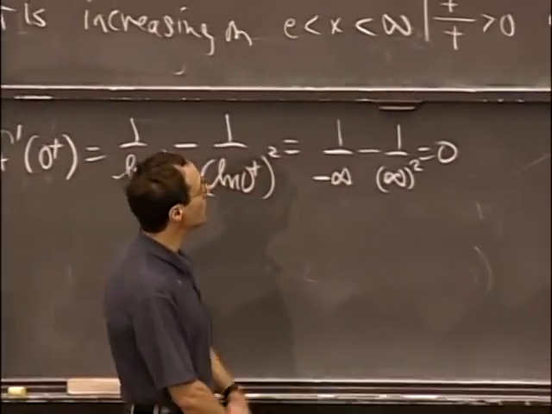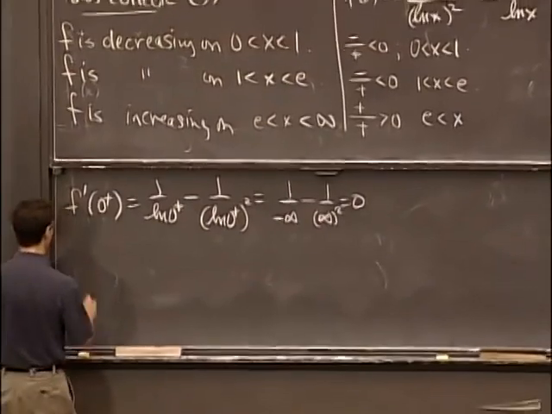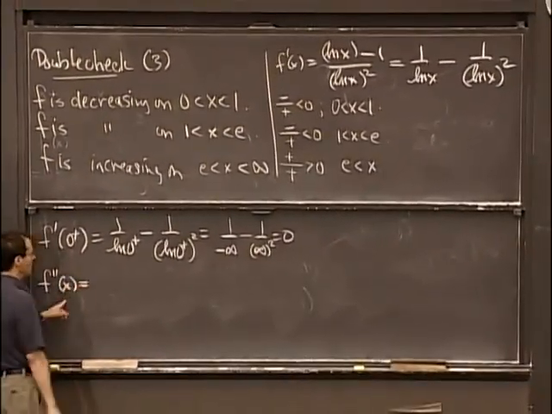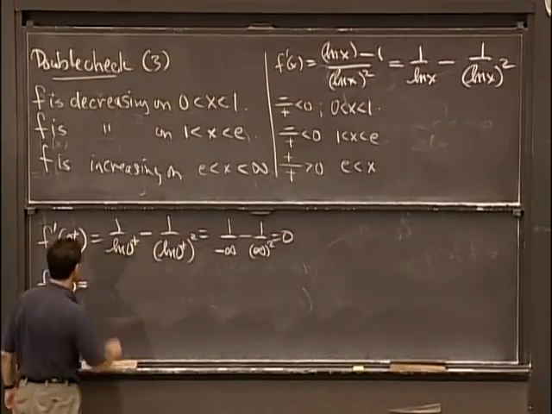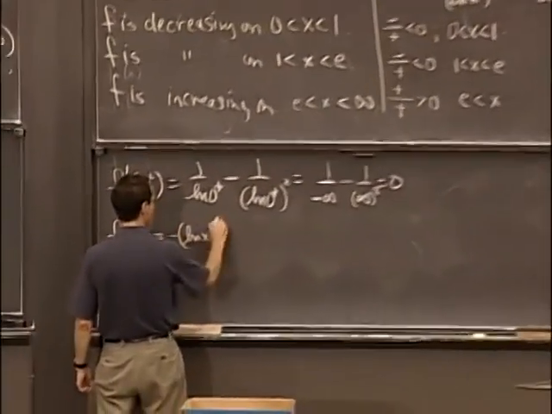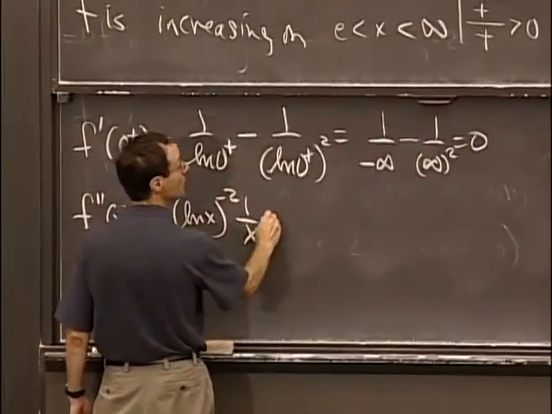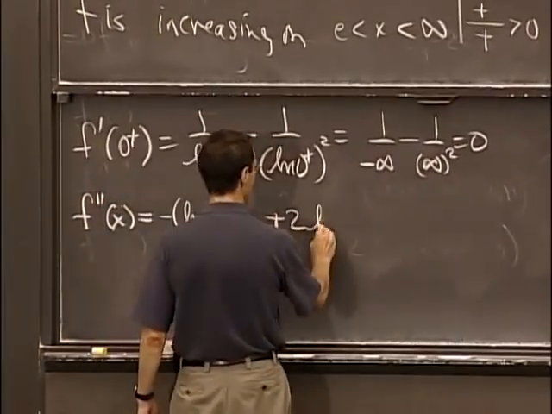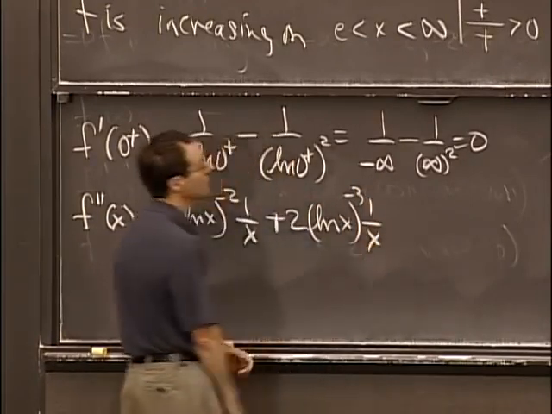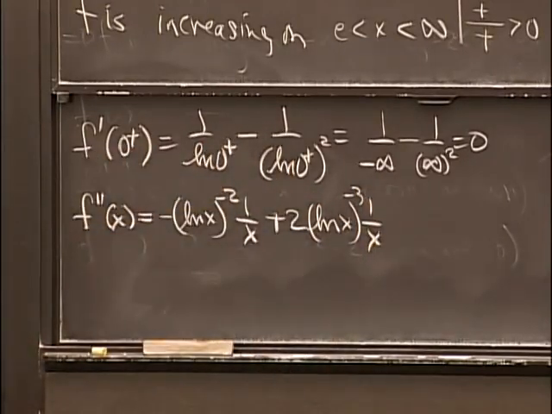Now, with the help of this second formula, I can also differentiate a second time. So it's a little bit easier to do that. If I differentiate 1 over the log, that's minus log x to the minus 2 times 1 over x plus 2 log x to the minus 3, 1 over x. All right.